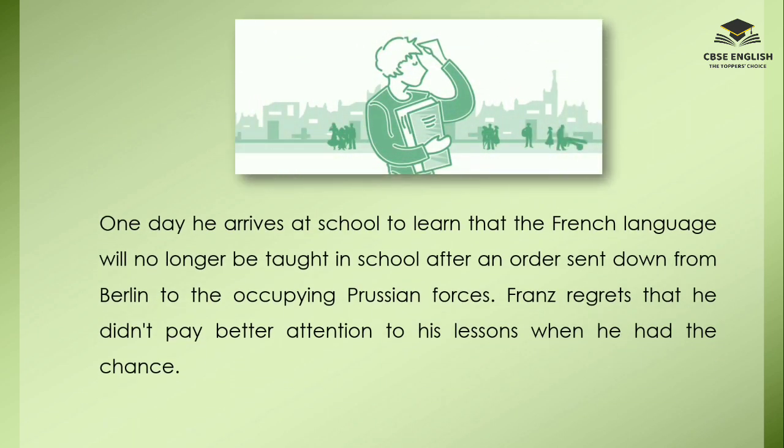One day, he arrives at school to learn that the French language will no longer be taught in school after an order sent down from Berlin to the occupying Prussian forces. Franz regrets that he didn't pay better attention to his lessons when he had the chance.